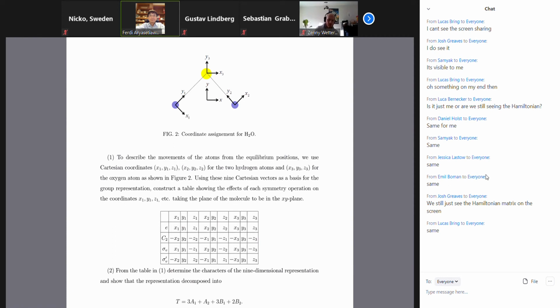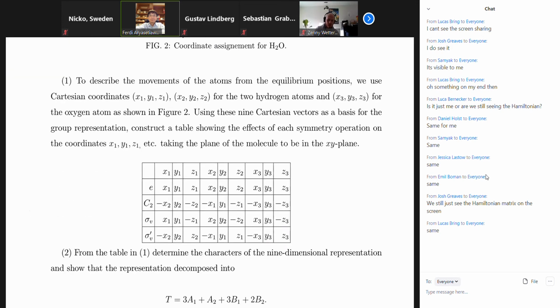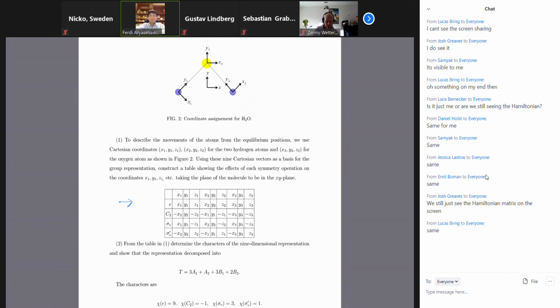So I think it's kind of clear here. Let's take, for example, the C2 here. Okay, so I'll look at C2.